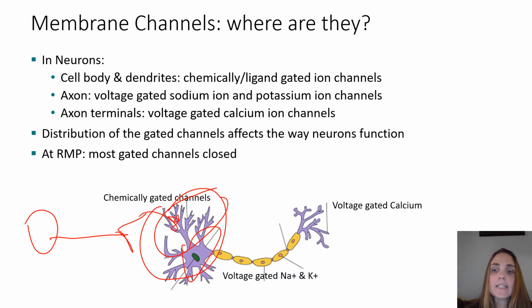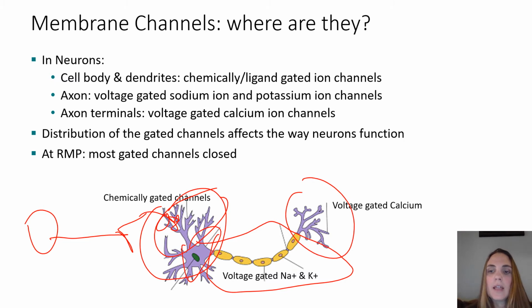It's going to release something like a neurotransmitter, which is then going to bind to that chemically gated channel on the postsynaptic cell, and that's going to trigger opening of the channel.